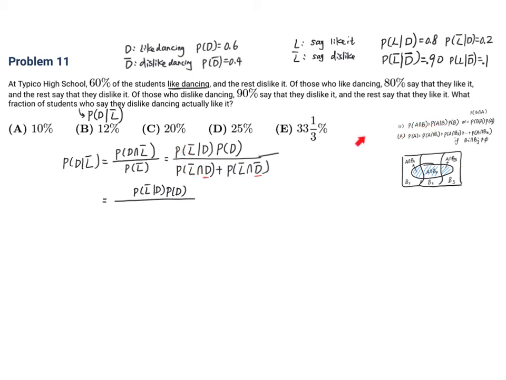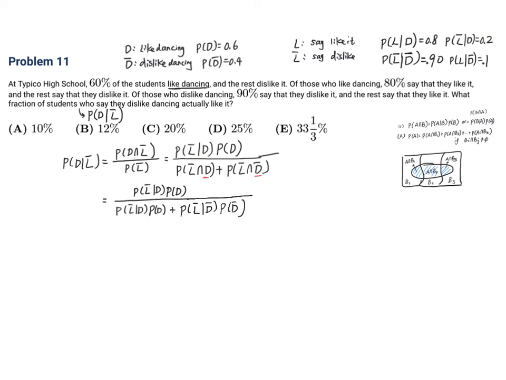Plus the probability of L bar given D bar times the probability of D bar.